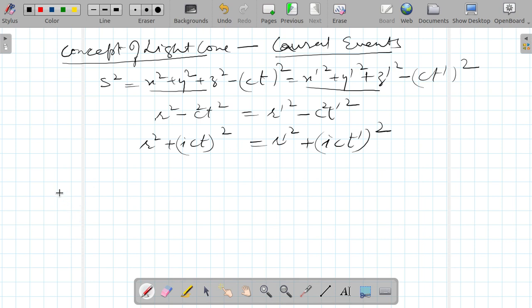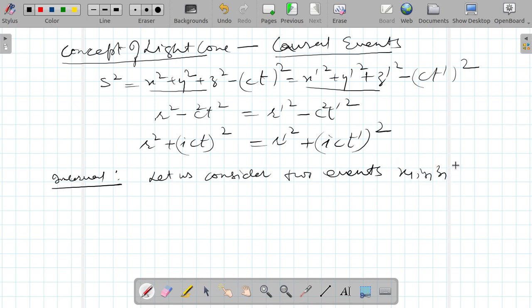But now let us define an interval. Let us consider two events. These events are given by two points, x1, y1, z1, and t1, and another event is at x2, y2, z2, and t2.